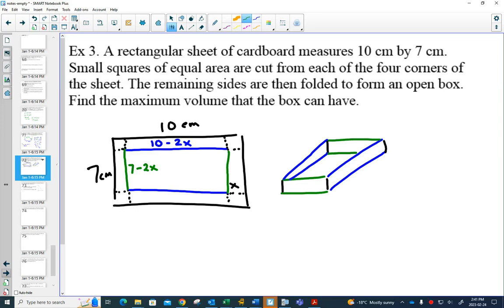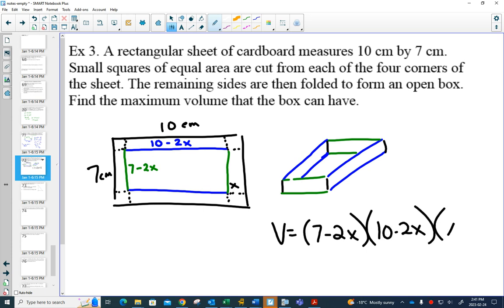Oh, I was doing good. Until this line looks a little bent to me. Can you see if you fold the green ones up, fold the blue ones up? This is the shape that you would get, and it has a volume, length times width times height. The volume of this would be the length, 7 minus 2x, the width, 10 minus 2x, and the height, which is x.